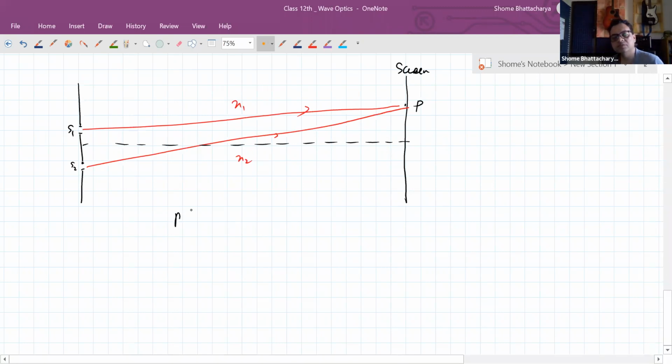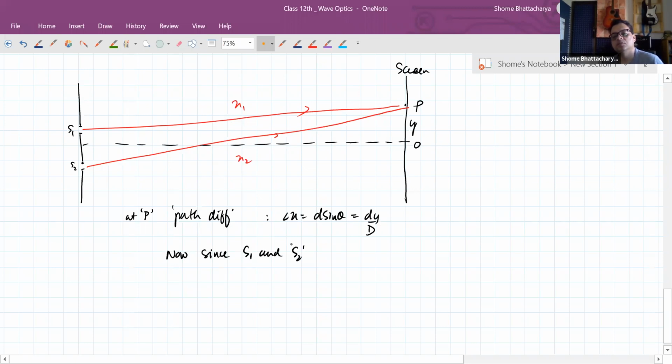So path difference was d sine theta or dy by D. Now, since S1 and S2 are not only coherent and monochromatic, but also in phase.